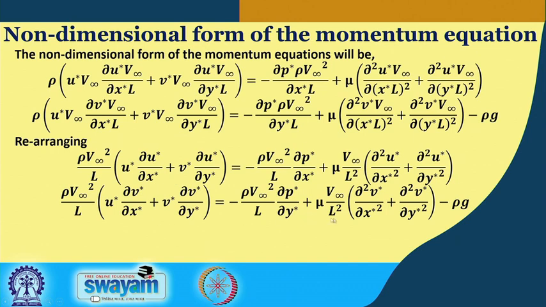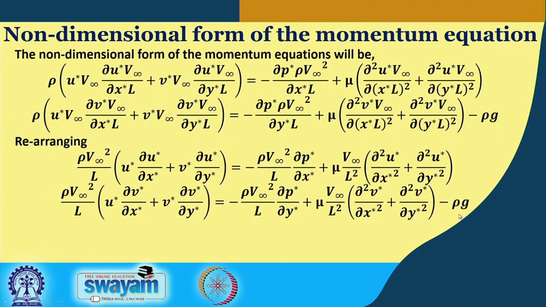Again you can see that whatever you see in the parenthesis looks similar to our original dimensional form of the equation. The only thing is that some terms get included with the convective terms. This is the convective term, the inertial terms, the pressure term, and this particular term is the viscosity term.